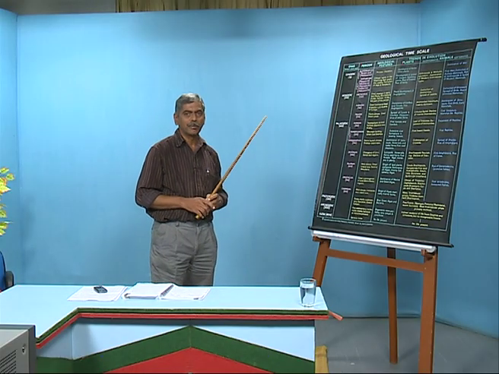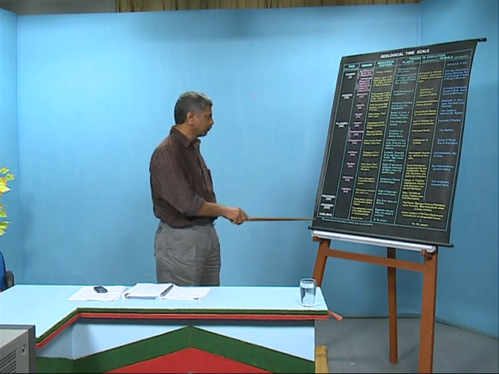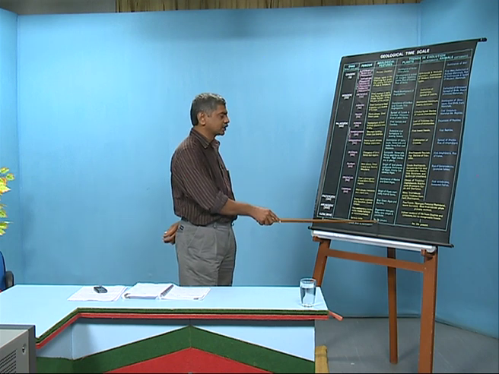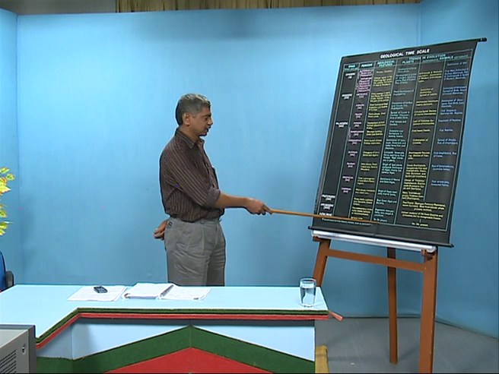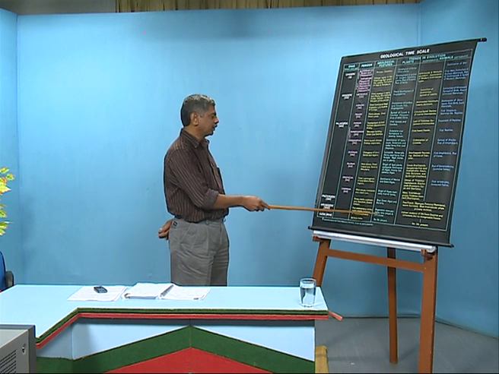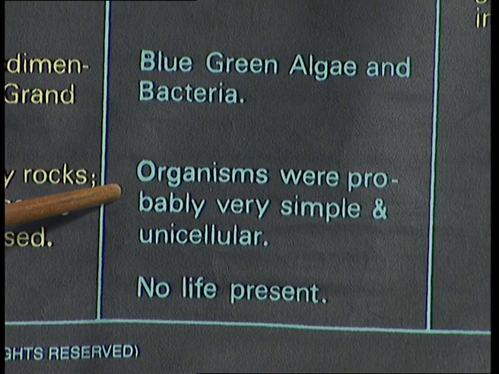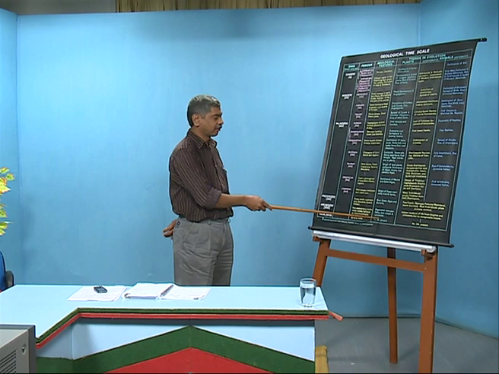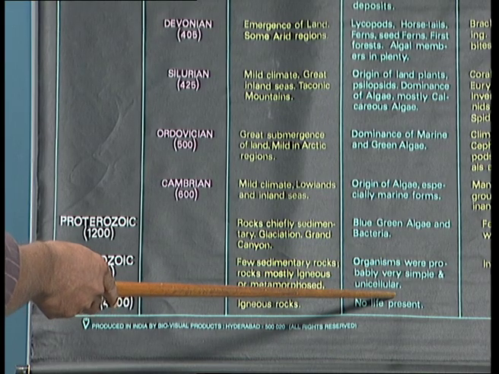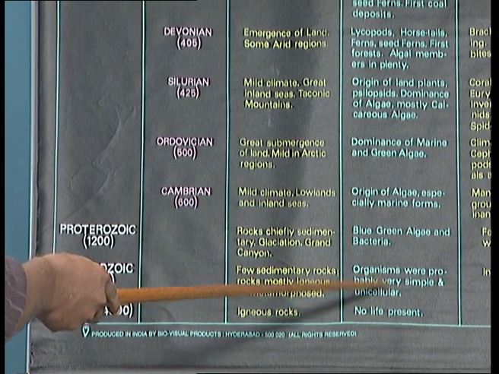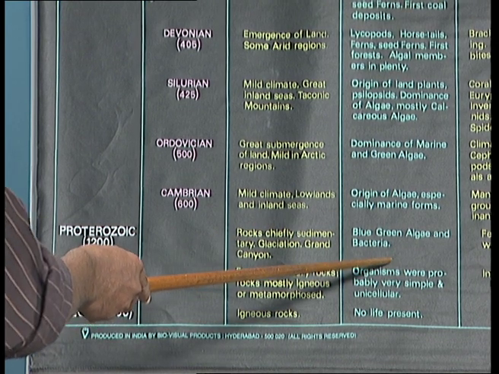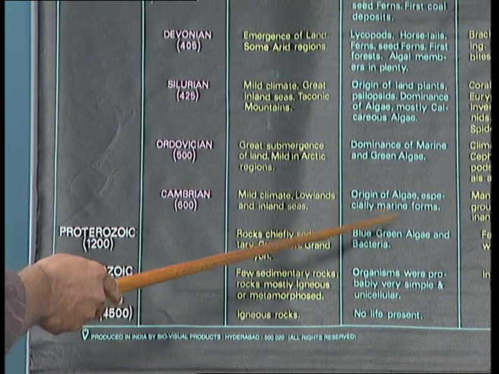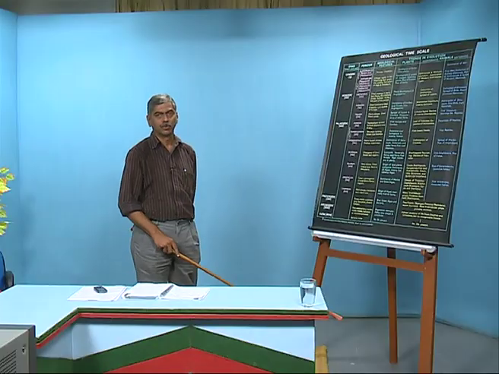Then when we think of the evolution of plants and animals, during the Azoic era, as we discussed already, there was no life present. In the same way, during the Archeozoic period, organisms which were probably very simple and unicellular survived, but there was no fossil record for this period. During the Proterozoic period, blue-green algae and some bacteria species were known to have survived.